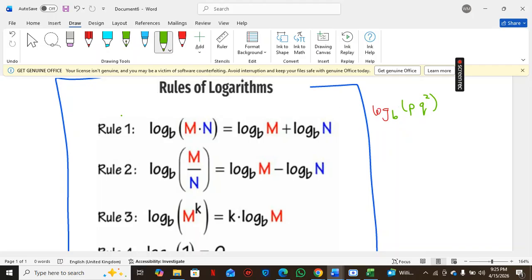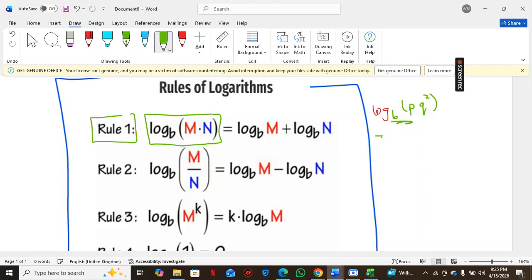So we're going to apply the product rule, which is rule number one. Have you seen? log_b (m times n) equals log_b m plus log_b n. So if we look at our question here, it's similar to this: log_b of m multiplied by n. Here it's log_b of p multiplied by q squared.